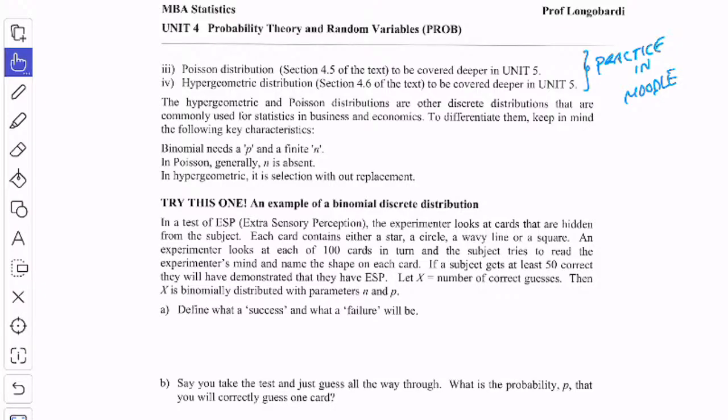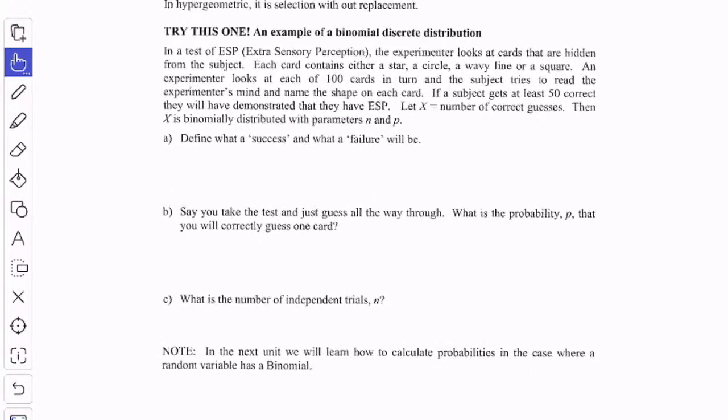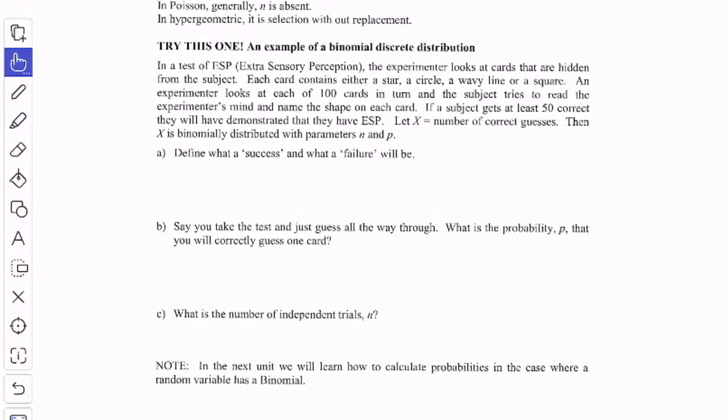All right, so here's an example. I would like you to take a moment and read this exercise and see if you can tell me if this is a binomial phenomenon, if the random variable that comes from it is binomial, and if so, then you have to identify n and p.